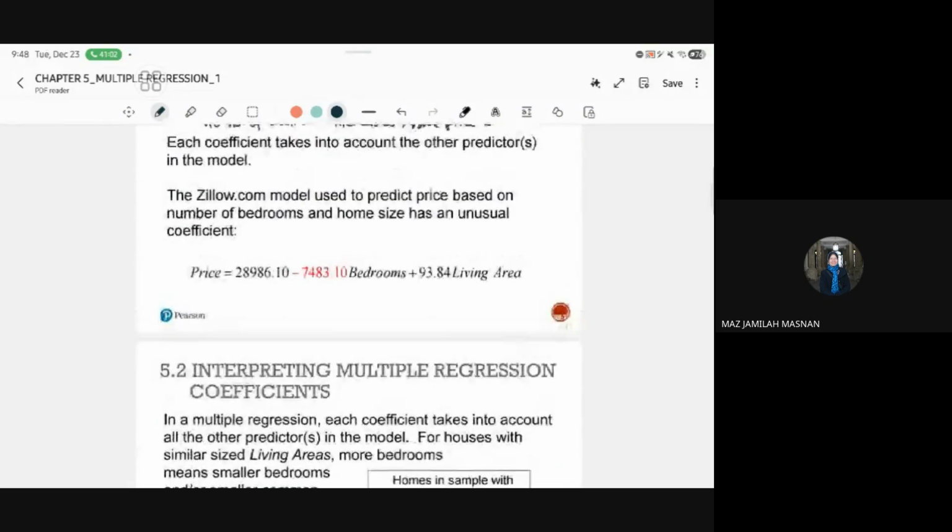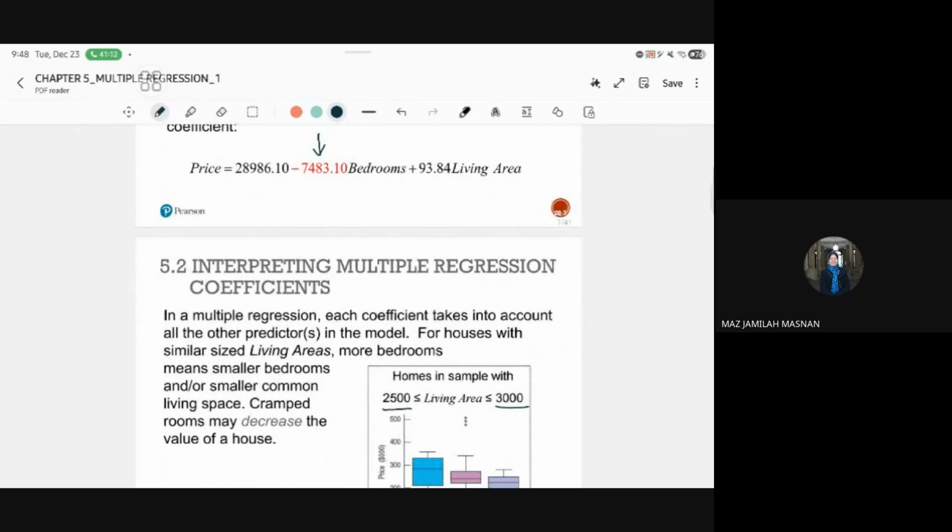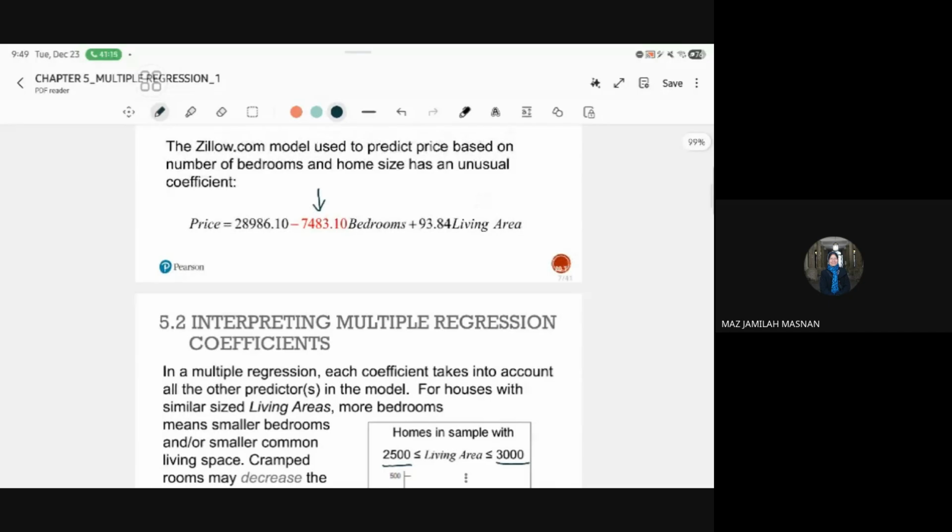So in this case, if you are interpreting this particular bedroom coefficient, what happens is that you have to make this one constant. If you interpret this, you need to make this one constant. So that is how multiple regression works.